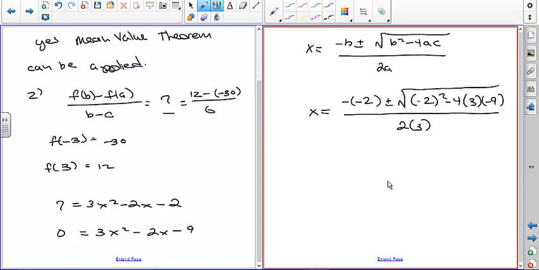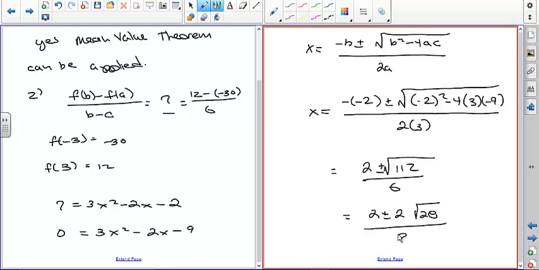Let's see what we get here. So I got 1 plus or minus the square root of 28 over 3.